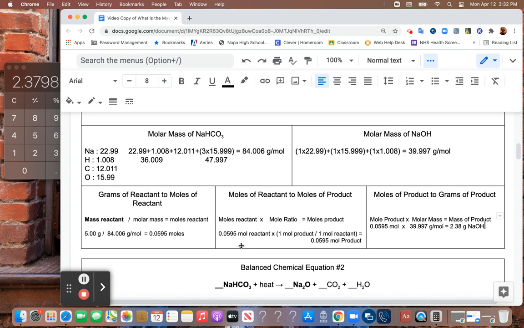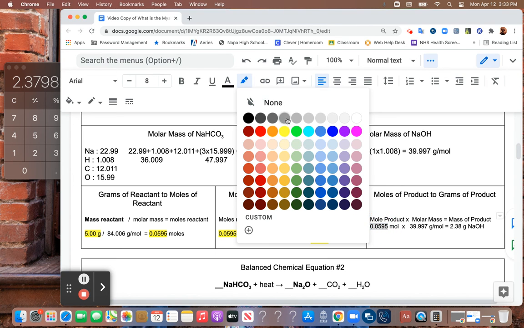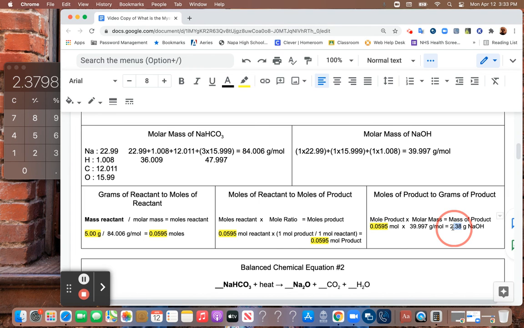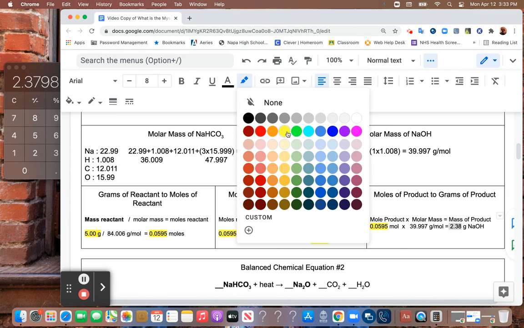Whew. All right, now I want to highlight the things that are going to be different between what you have and what I have. This number is going to be different. You're going to use your own number, which means this number is going to be different, which means that number is going to be different, and so on down the line.